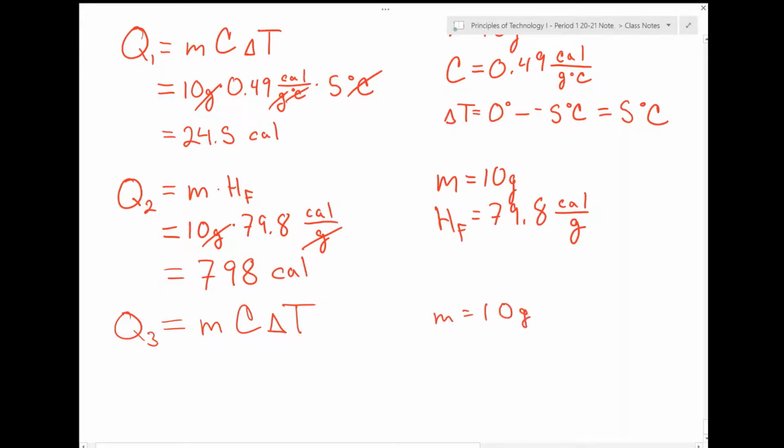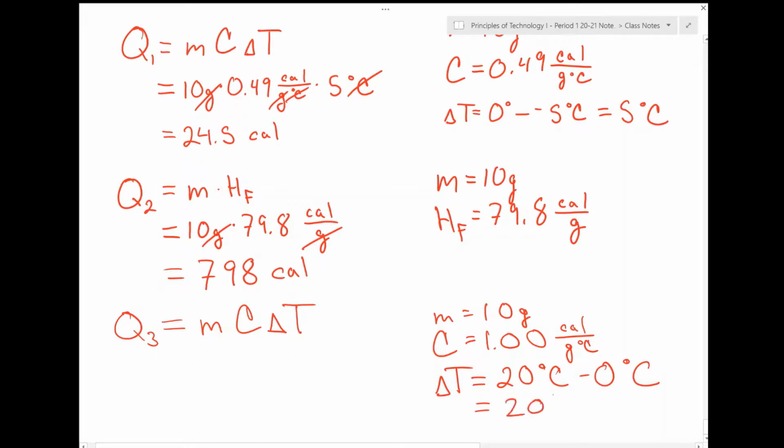The specific heat for water we have used before, and you should remember that it's equal to 1.00 calories per gram degrees Celsius. Lastly, of course, the change in temperature is equal to the final temperature of 20 degrees Celsius minus the initial temperature of 0 degrees Celsius. So it is 20 degrees Celsius.